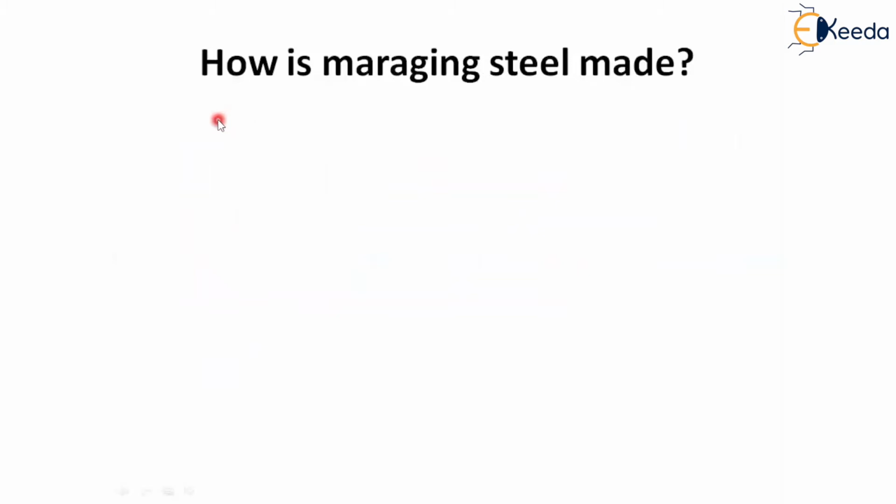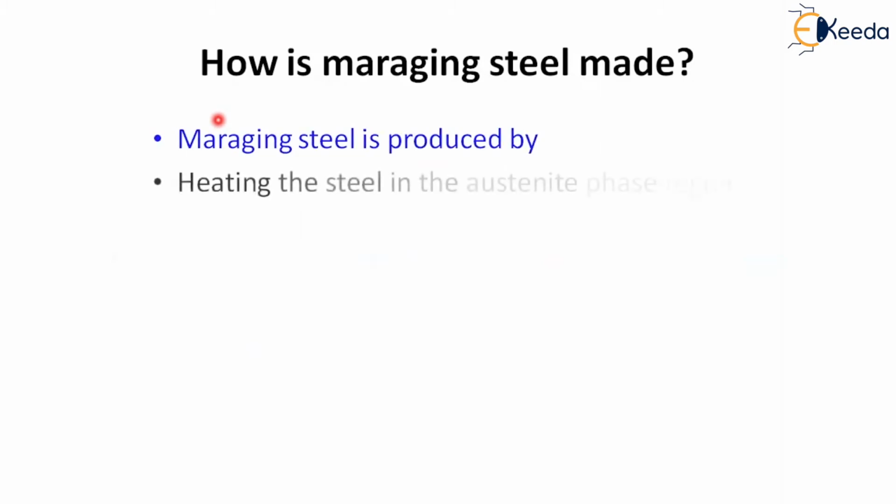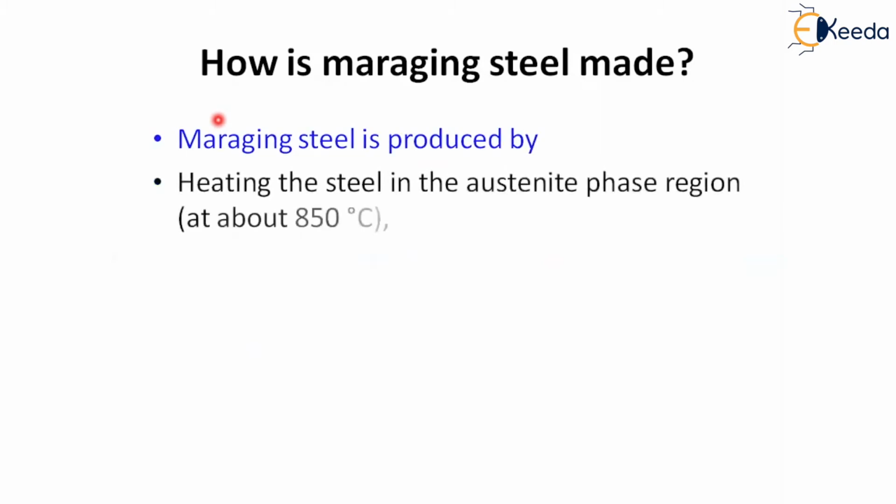So how is this particular steel going to be made? After following these steps, the steel is produced by, first of all, heating the steel in the austenitic phase region.